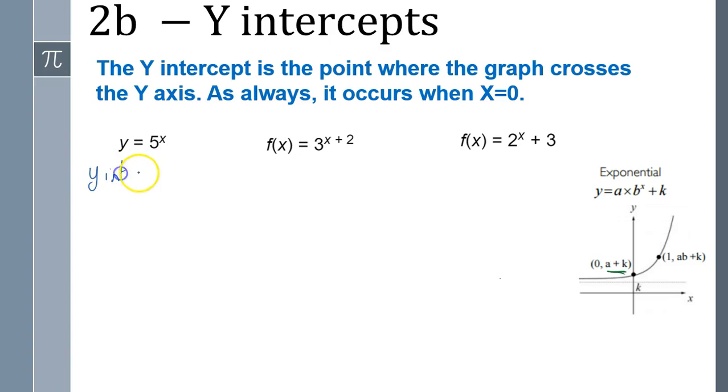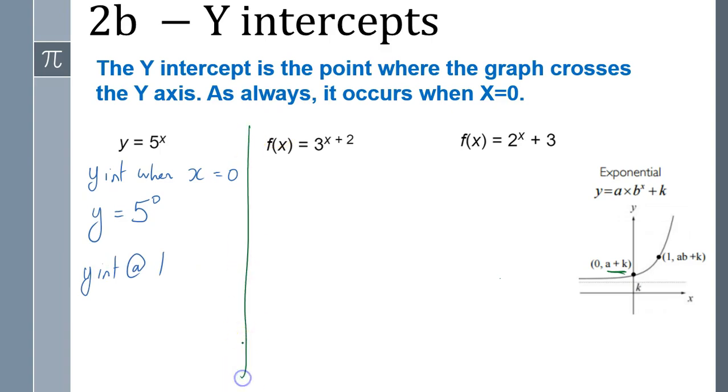For the first one, the y-intercept occurs when x equals 0. I'm going to rewrite it and just sub 0 in for x. We know from our index law that anything to the power of 0 equals 1. So our y-intercept is at 1. Let's try the next one using the same technique.